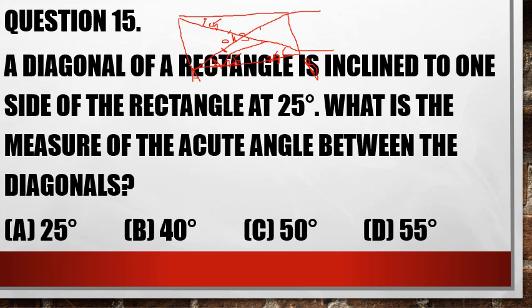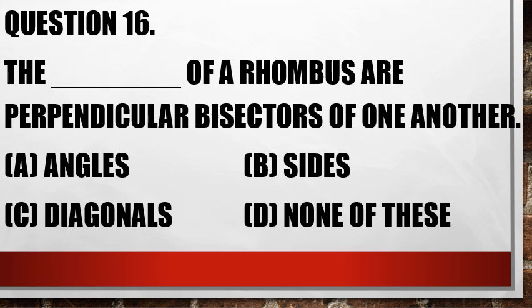This is the exterior angle, and these are two remote interior angles. The sum of these is equal to this angle. So the sum of these two angles is 50, so this angle will also be 50. So the correct option is C, 50.